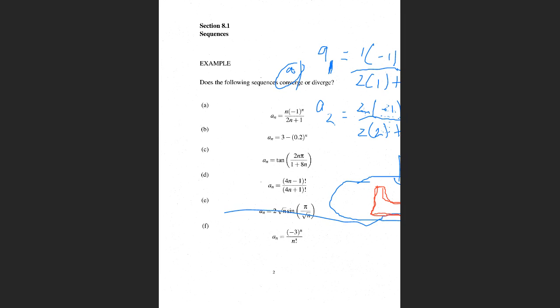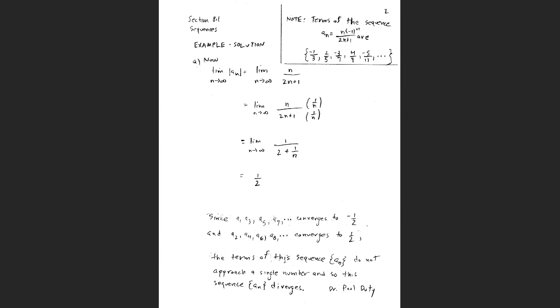All right, so let me just go to the solution here. I'll show all this is incorporated in what I'm saying. I wrote down the 5 terms of the sequence. But what I'm going to do is look at the absolute value of the sequence and look at that limit.